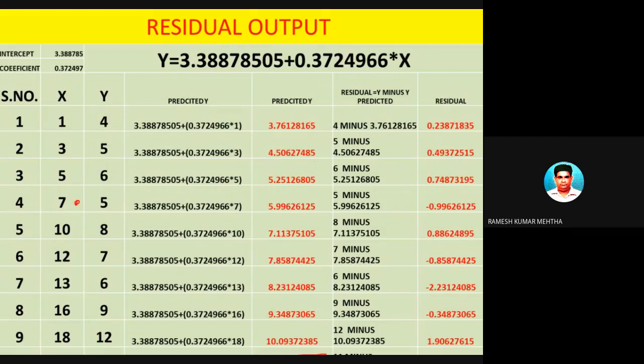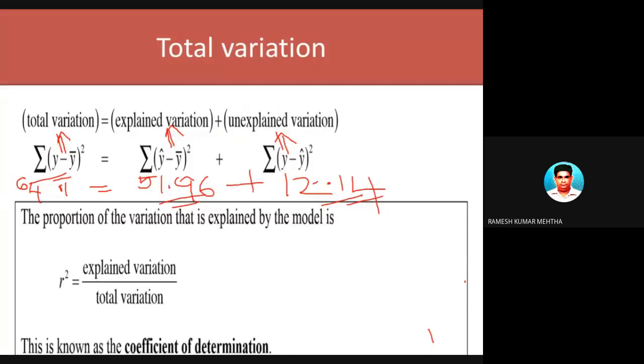So the same way here also when I total it by squaring it. Okay, so 64.1 has to be explained, but out of 64.1, only 51.96 it has explained, and the remaining 12.14 is not explained. So a model is said to be a very good model when the explanation power of the model is very high.